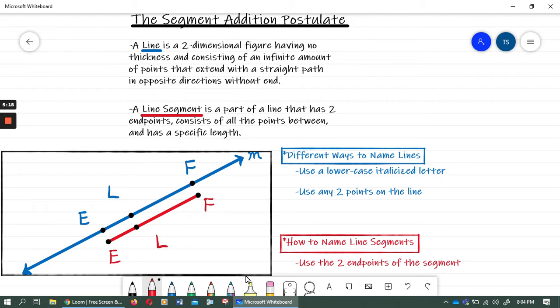Let's look at different ways to name lines. One way that we can name a line is to use a lowercase italicized letter. If you don't really understand what the word italicized means, I really hope that you do.